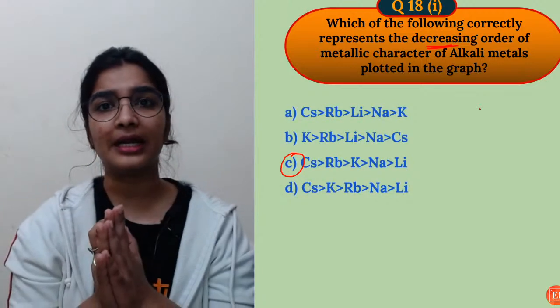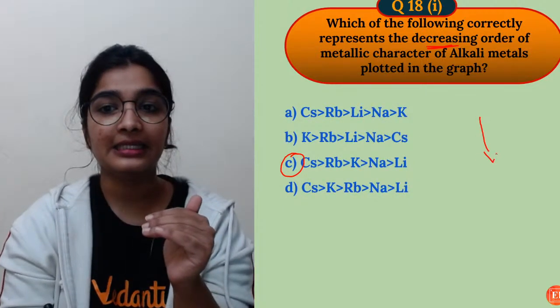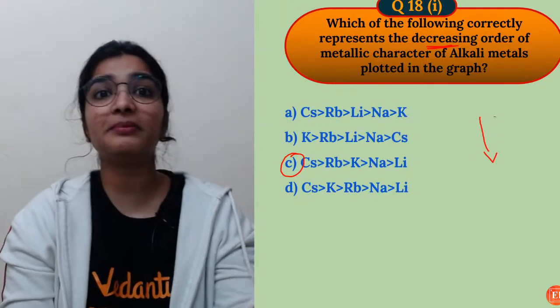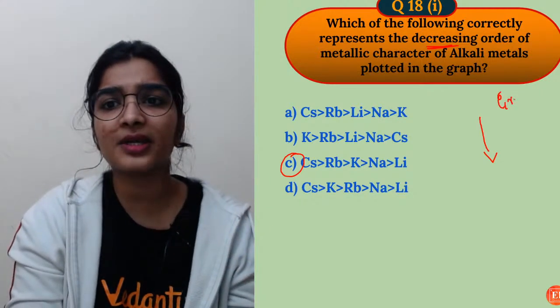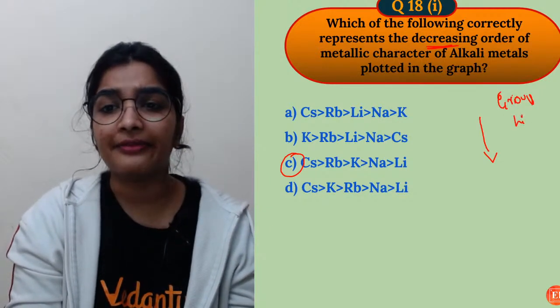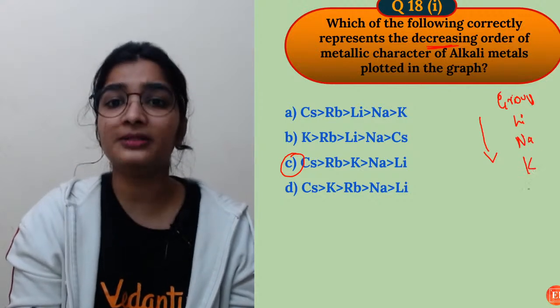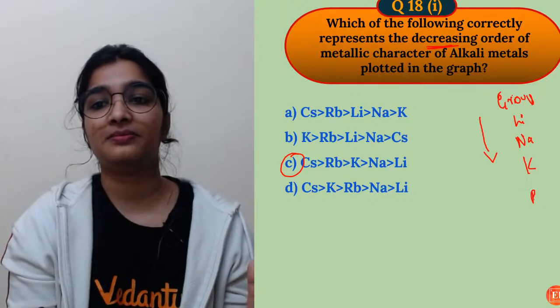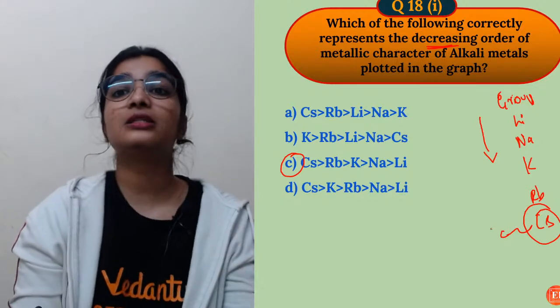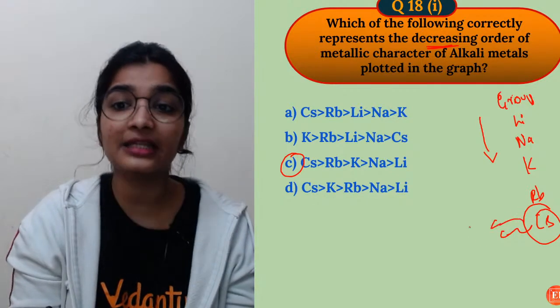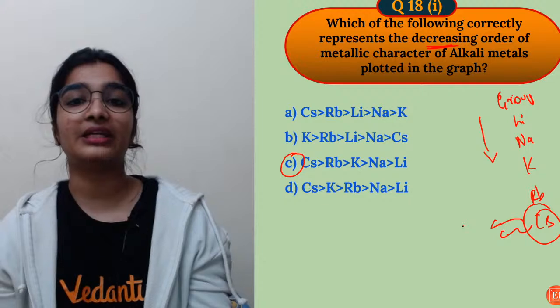Because one thing we know is that with the increase in size, down the group, metallic character increases. So obviously in group 1, that is alkali metals, first comes lithium, and then sodium, potassium, rubidium, cesium, right? So obviously cesium will have the greater atomic size, so it can easily lose an electron, so it will have the greatest metallic character.